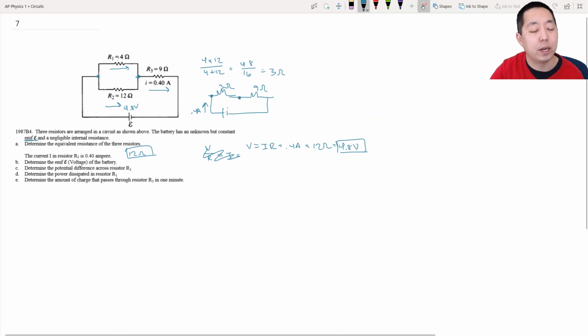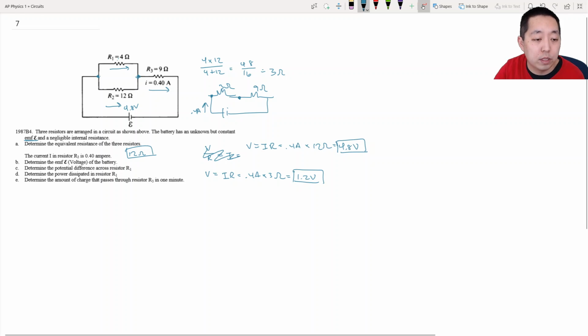You could do it, but to keep it simple, I collapse into 1, and 0.4 amps is the equivalent of going through the 3 ohms. So the voltage across there is equal to IR. The I is 0.4 amps, and the resistance is 3 ohms. So that's 1.2 volts. This is a 1.2 volt drop between here and here.